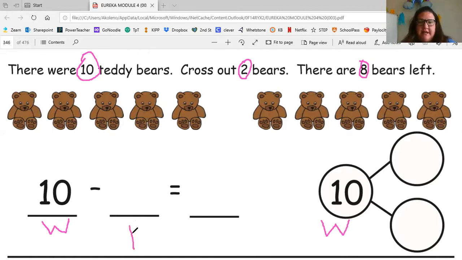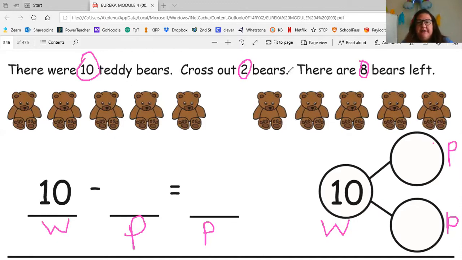That means this is a part, this is a part, and over here, this is a part, and this is a part. If we remember, 2 parts make a whole. The part here and the part here together make a whole. So we know the part here and part here also need to make the whole, and it's the same number, 10.